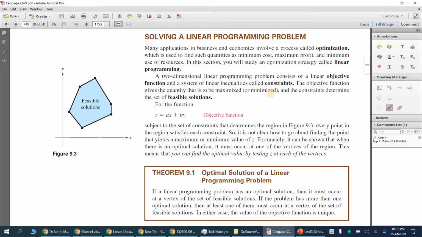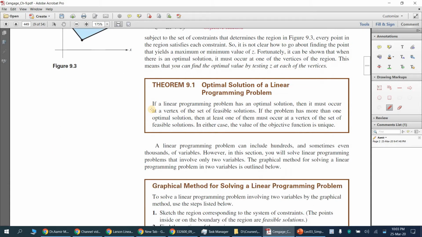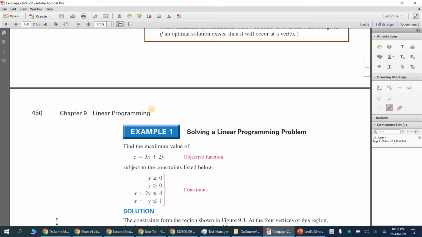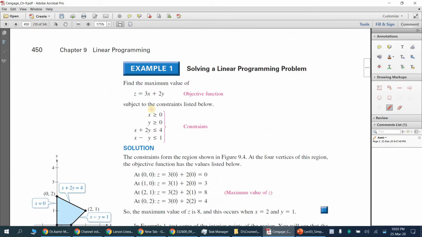So always there are 3 things, if you remember we discussed. There is the objective function, and then there is a set of linear inequalities, we call them constraints. The objective function, for example, is normally in this form. One method for solving these you have already seen: it's the graphical method.